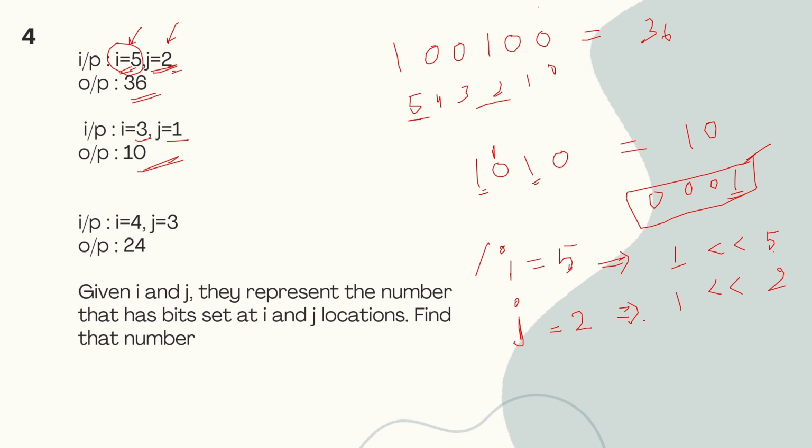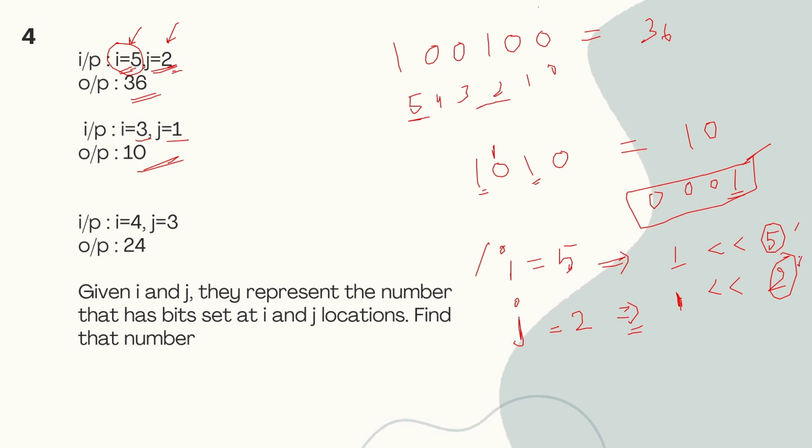Yes, if you do the same thing, and take 1 again and left shift for 2 times, then definitely you're going to get 1 at 2nd position. That means we are doing something here such that the 1 is set at the 5th position and 2nd position. That's it. We got the 1 to be set at 5th and 2nd position.